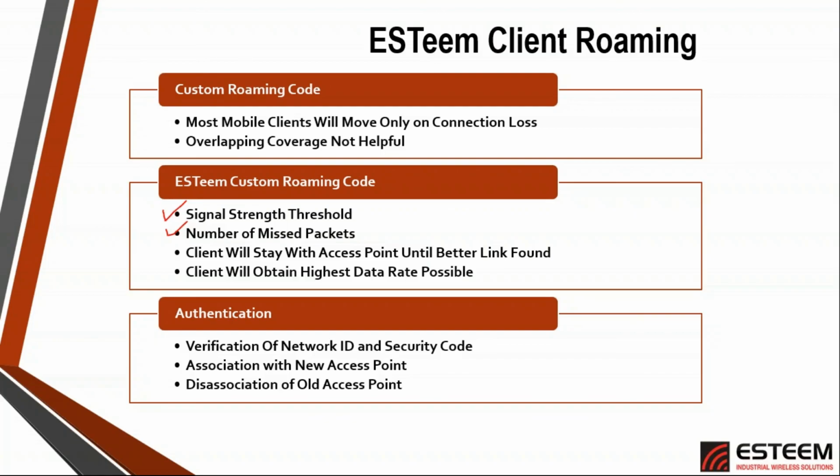The idea is you always want it to be connected. So it goes through the verification of the network ID and security code before it even associates with the new access point. As soon as it associates with the new access point, it disassociates itself from the old one. So there's always this handoff between the old and the new, so you're losing the minimal amount of data.